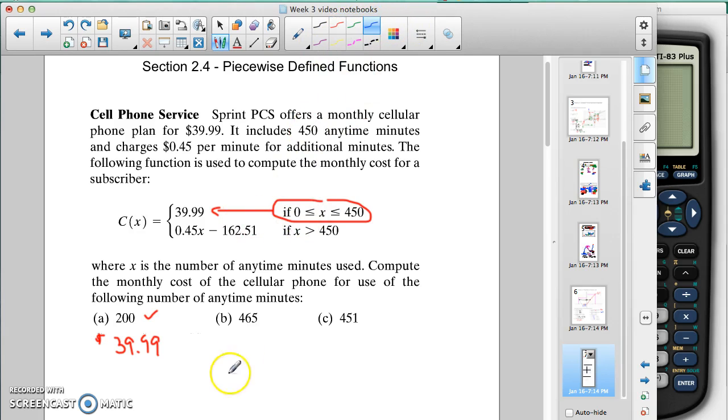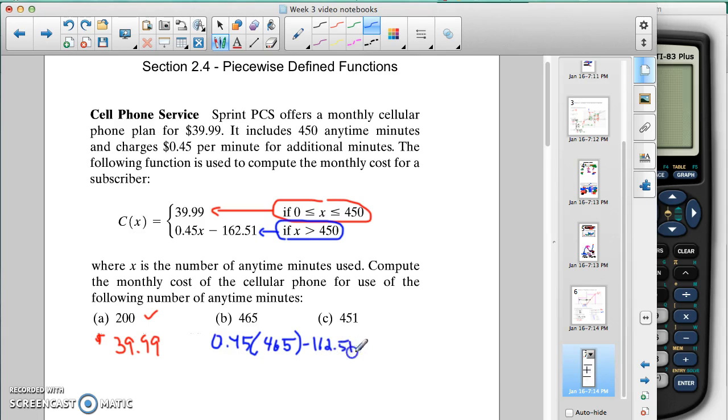Now the other two values that we're asking for in this cellular phone plan are 465 and 451. Both of those happen to be bigger than 450, so we're going to use this rule for that. This is the x value, so we're going to plug that in. We're going to have 0.45 times 465 minus 162.51.